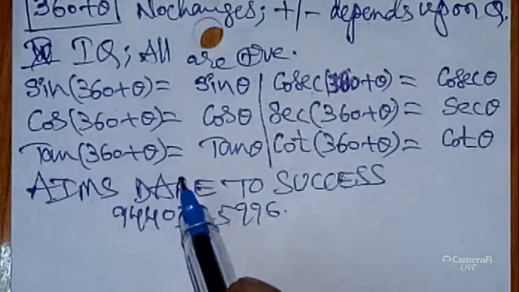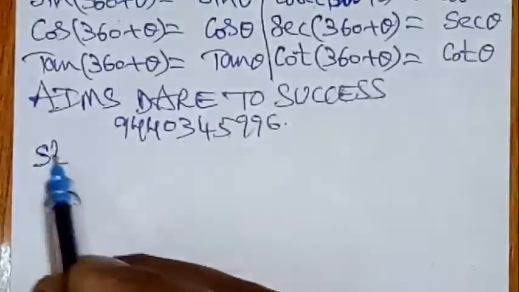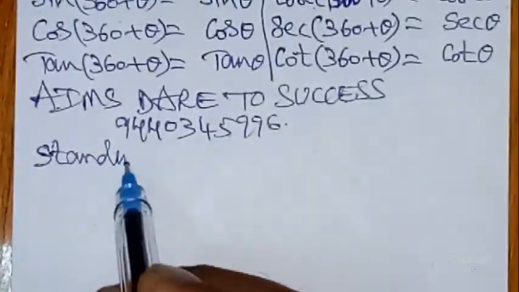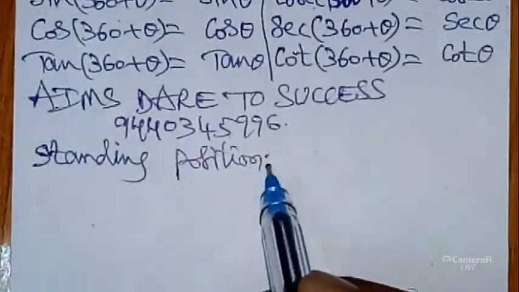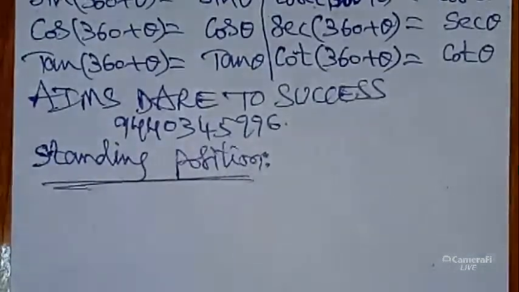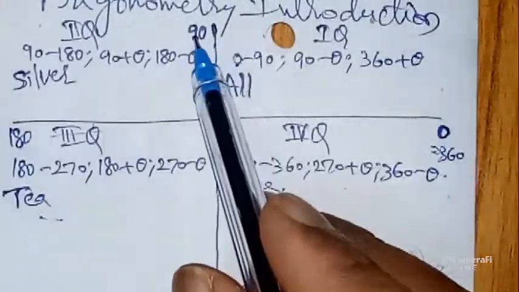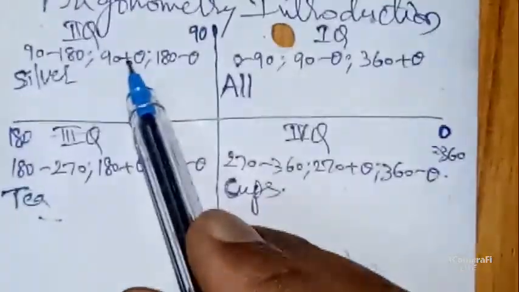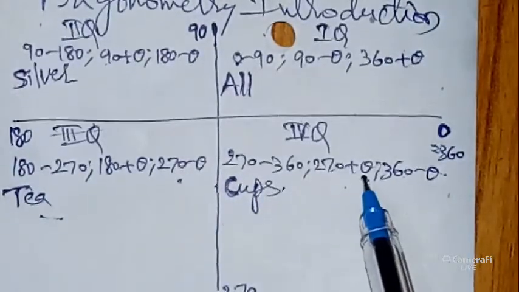So now sleeping position is completed, my dear students. Now I wanted to explain you standing position. Standing position related values I wanted to tell you. See here: 90 minus theta, 90 plus theta, 270 minus theta, 270 plus theta.